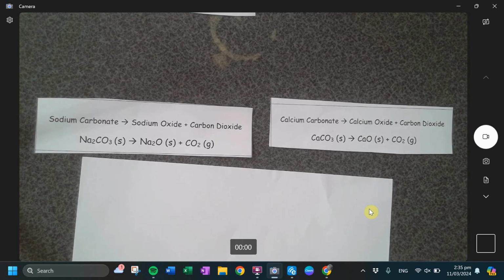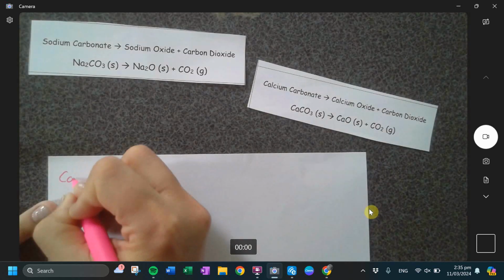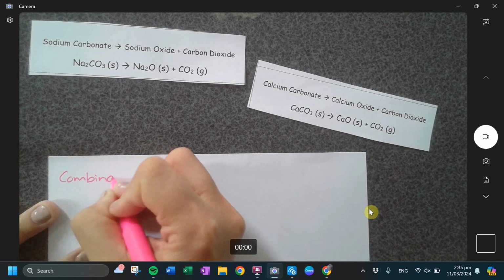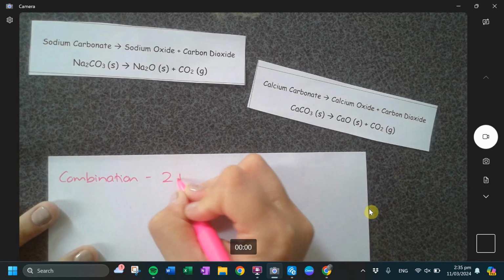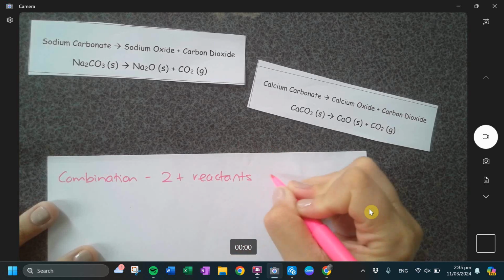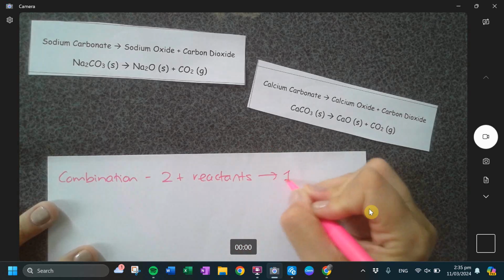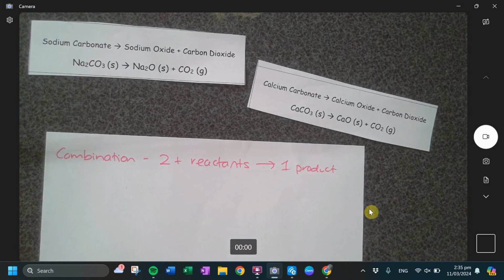There you go. All right, so combination. We have 2 plus reactants, and that becomes 1 product. That is our combination reaction, as a little shorthand to remember it.